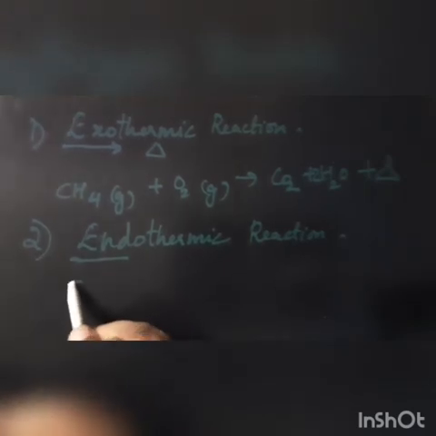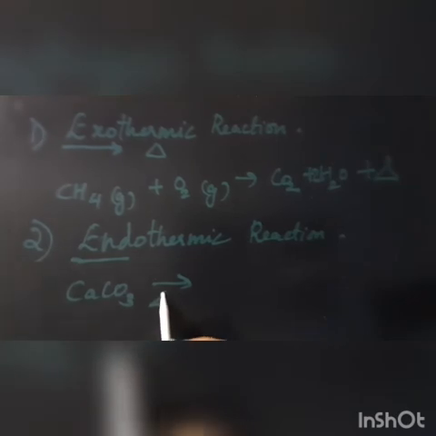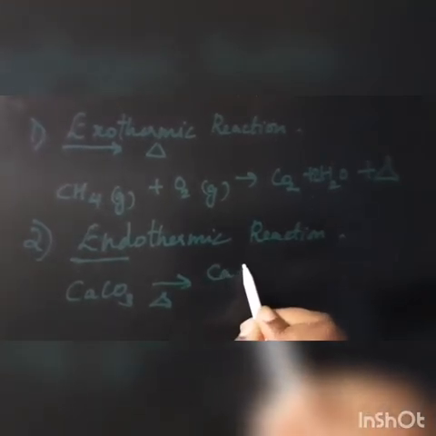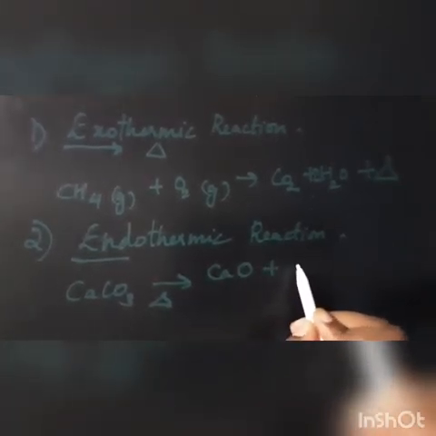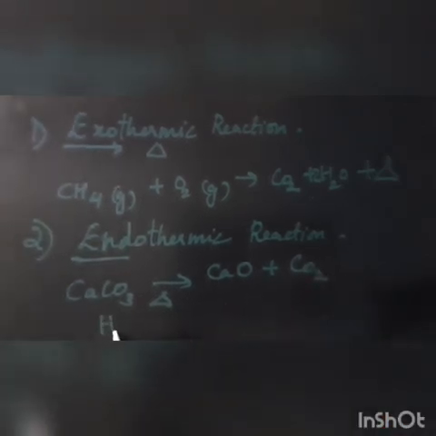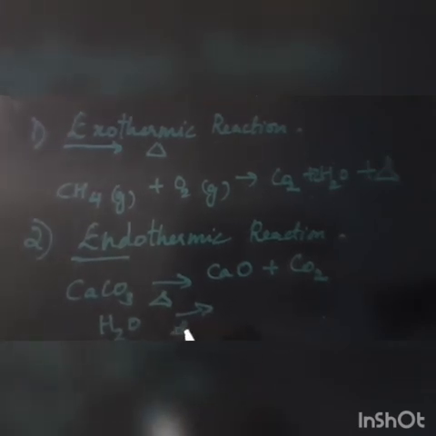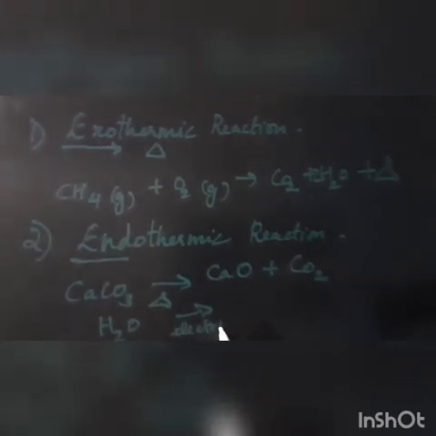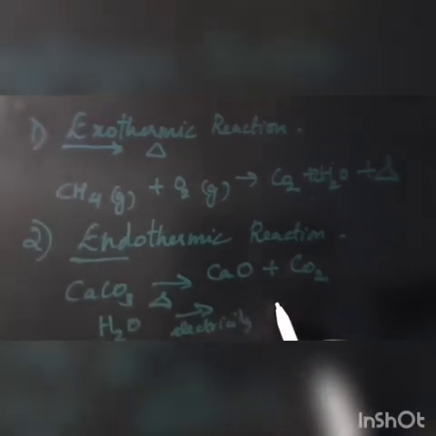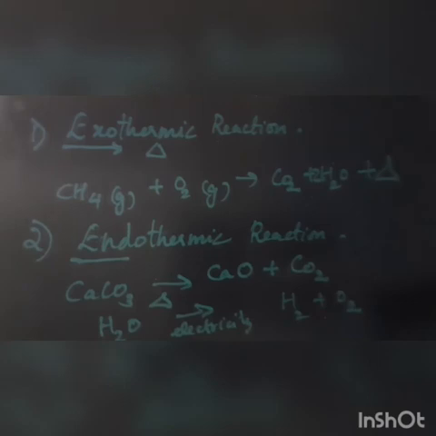I'll give you an example. Calcium carbonate in the presence of heat decomposes into calcium oxide plus carbon dioxide. Another example, water in the presence of electricity breaks into hydrogen and oxygen molecules.